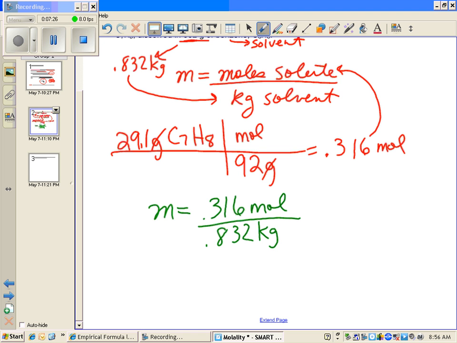I'm just going to divide 0.316 by 0.832, and my answer came out to be 0.379. I'm going to round that to 0.380 because I got 0.3798, and so on. And my unit can be moles per kilogram, or it is also acceptable to put 0.380 little m. That little m stands for molality, so that's acceptable.